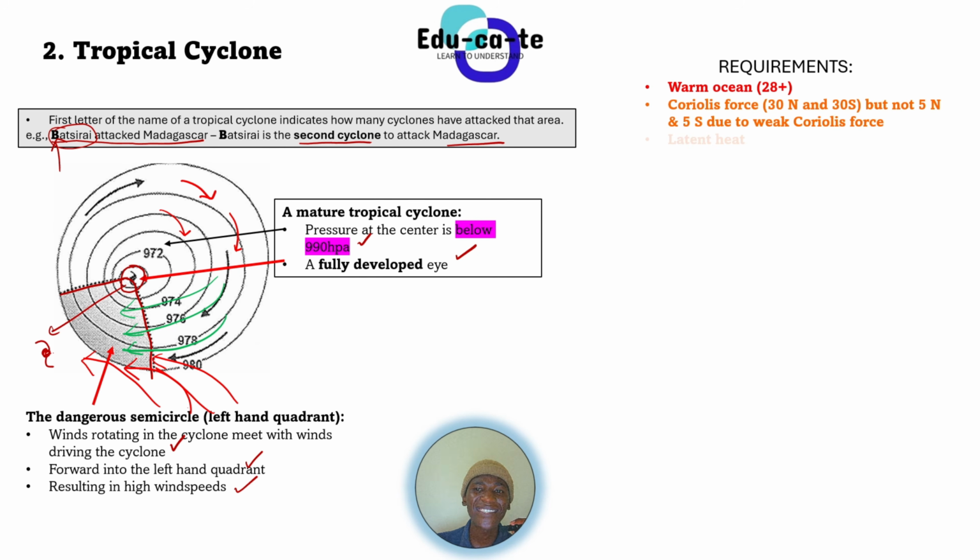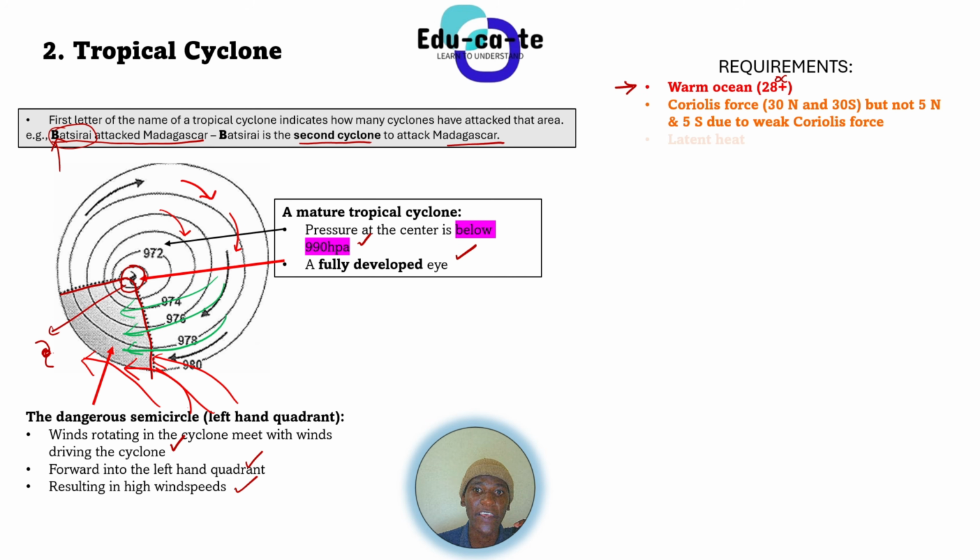Now these are the requirements for the formation of a tropical cyclone. I have shaded and colored them according to their importance. First of all, we have a warm ocean. This is the first mandatory requirement for a proper tropical cyclone to develop. The warm ocean must be at least 28 degrees Celsius and above.